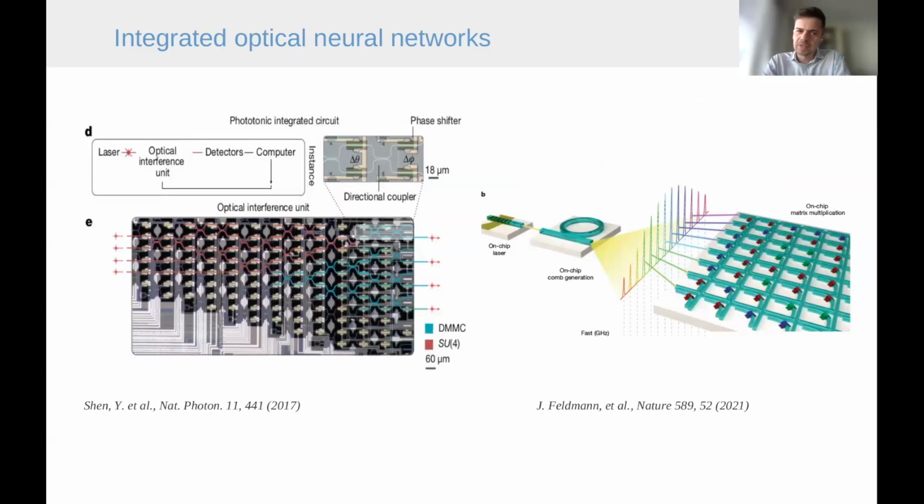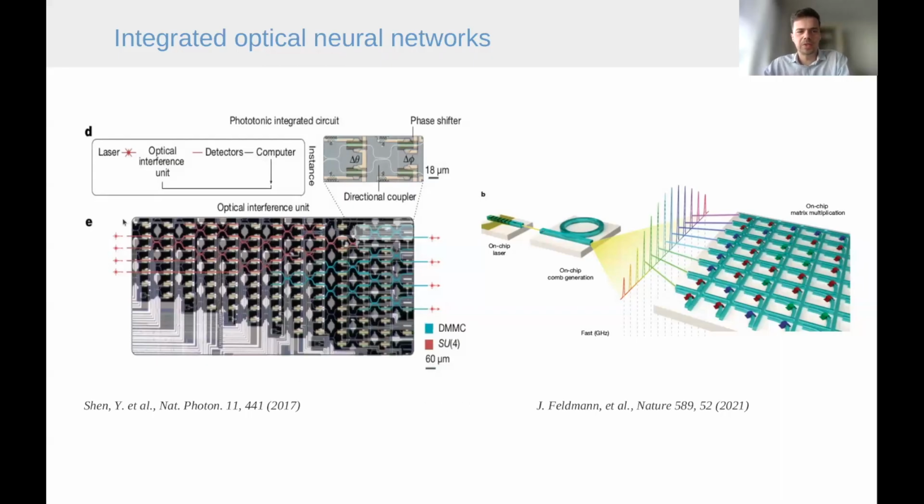This is one reason. Another reason is that we now have technology such as photonic integrated circuits that allow us to fabricate quite complicated photonic structures that can provide the necessary computations. These are just two examples of devices which basically perform vector matrix multiplication, a very important operation for machine learning, using light.